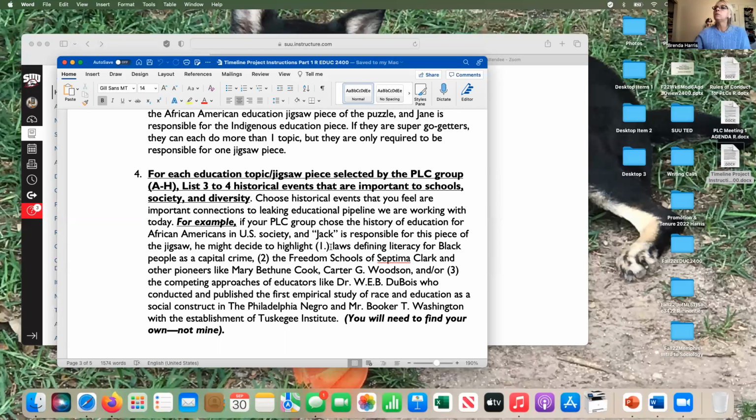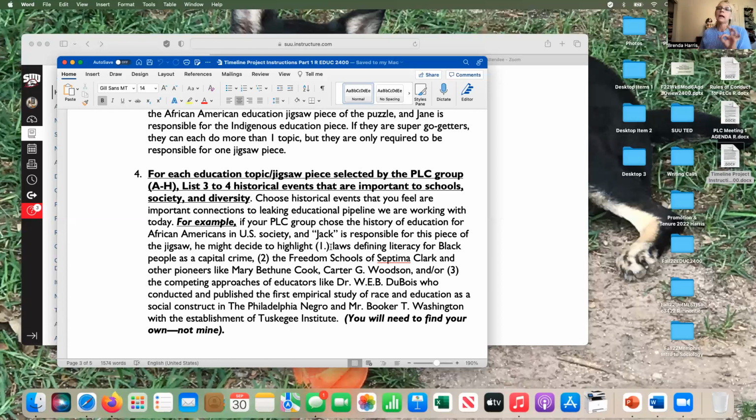Then he reads the article on African Americans and finds another article on the history of education of African Americans, and he says, wow, three things that are super important to African American education are that there were laws defining literacy for Black people as a capital crime.